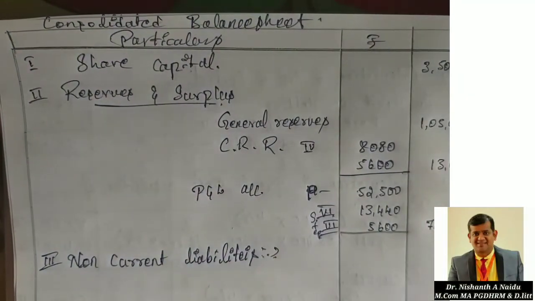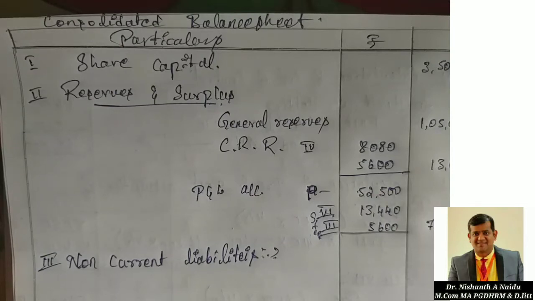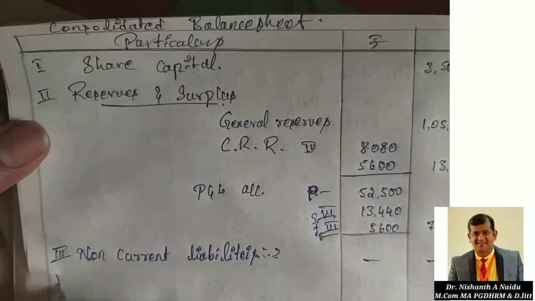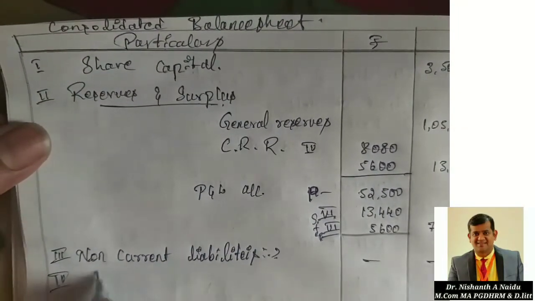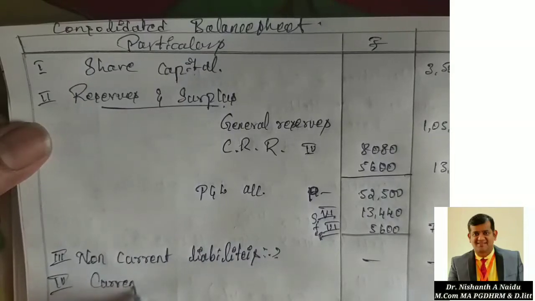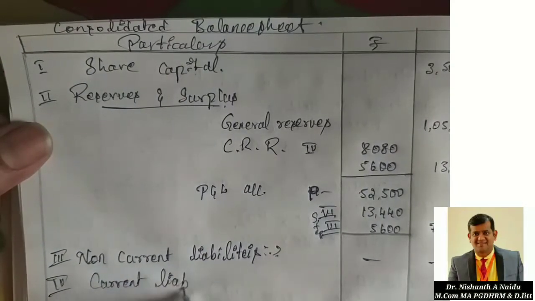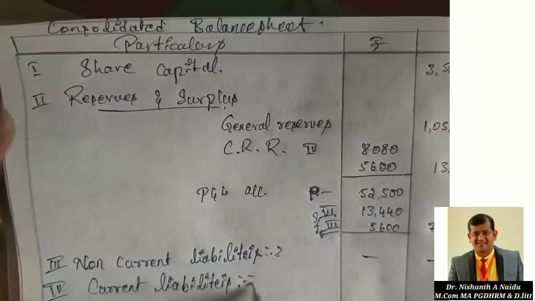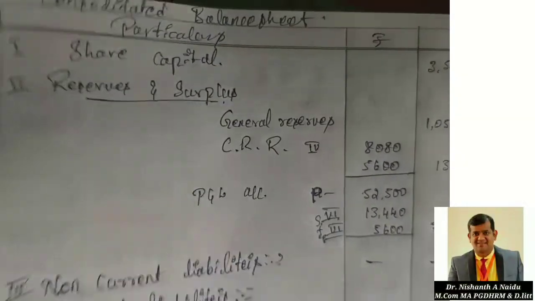Just check it out. Secured loan and unsecured loan, both are nil. So it is nil. In the fourth head, current liabilities. Current liabilities we have to check.